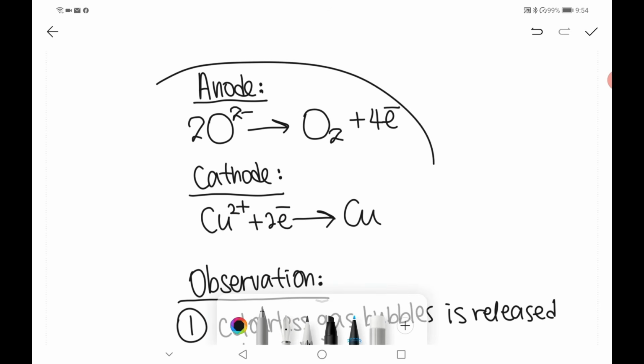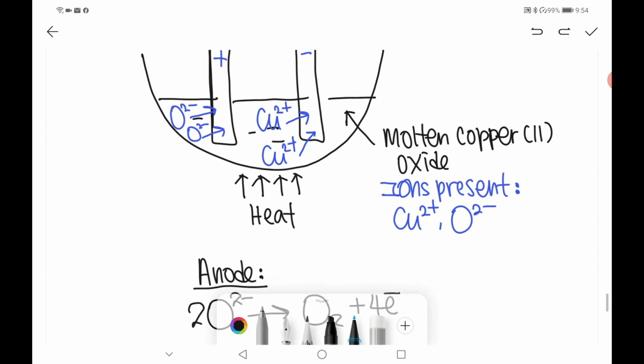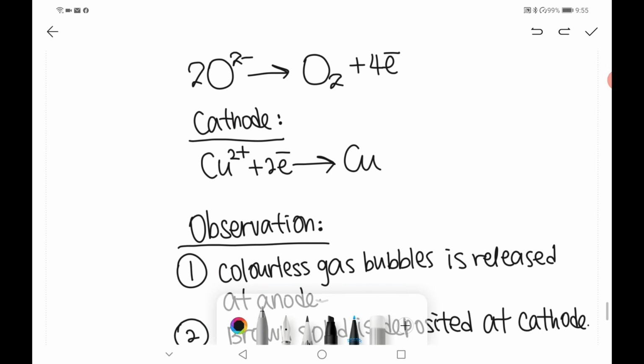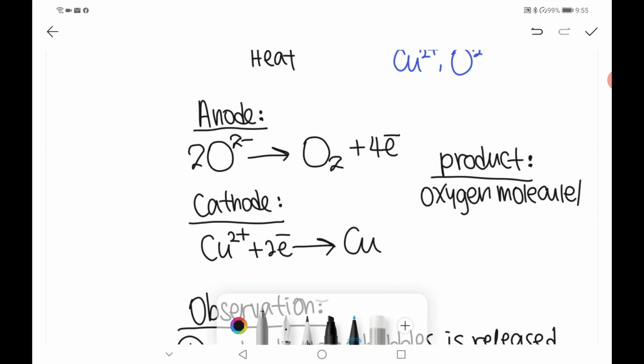So you see, when you have half equation, the observation is very, very easy. What else do we need to know? We also need to know the final product. When we do electrolysis for copper(II) oxide, the final product is O2. O2 is oxygen, a molecule. You can write oxygen molecule or oxygen gas.